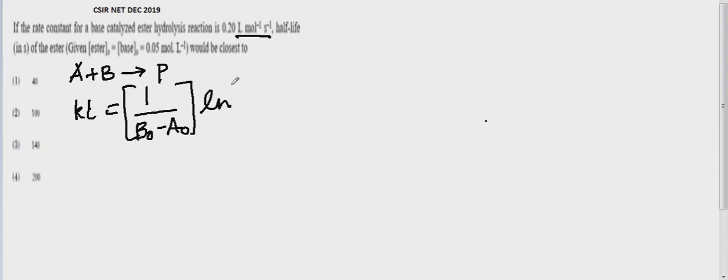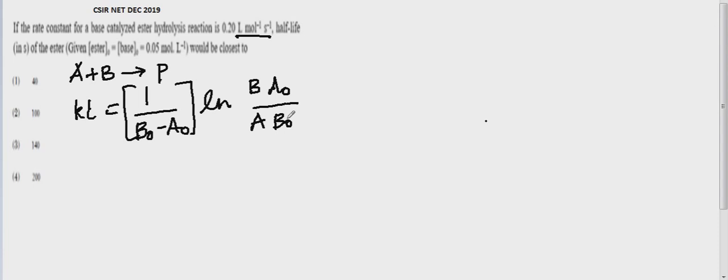If this is the condition, the integrated rate law is given by kt is equal to 1 by (B naught minus A naught) ln of (B A naught divided by A B naught).